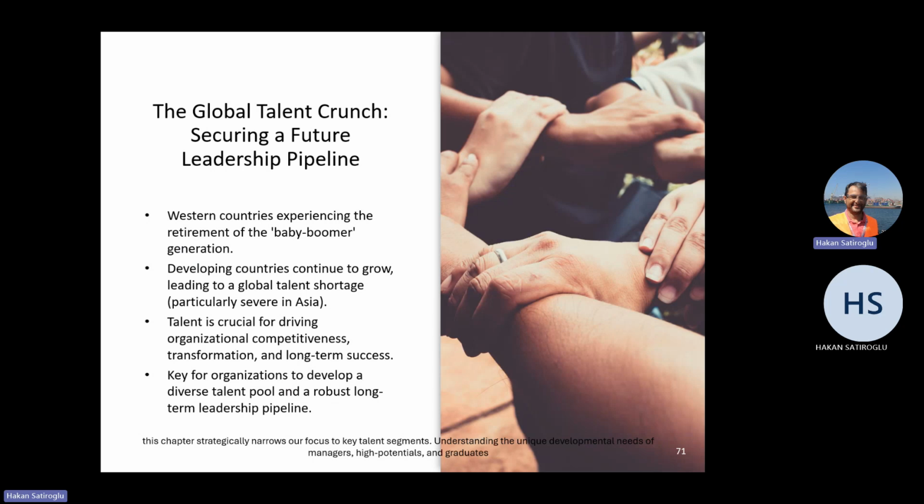You need to bring in those talents all the time. Otherwise, you can become outdated in the organization. This ensures your organization has the capabilities to innovate and perhaps lead the market over the coming decades.